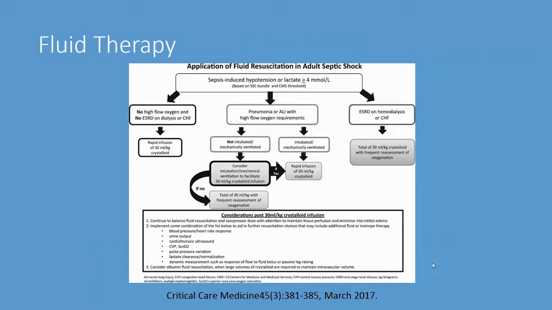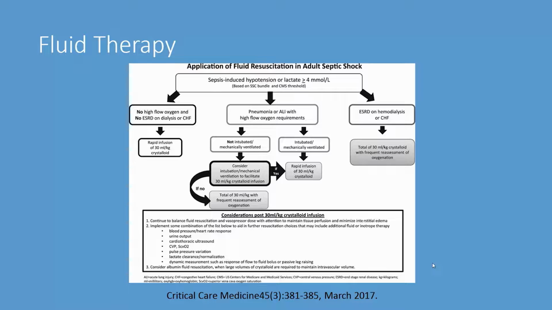So, and it's also based largely on these studies, this idea of the 30 per kilo bolus. So this kind of puts together a couple of different components of this. But basically, it's that fluid resuscitation. If their lactate's up and or they're hypotensive, then they still need 30 per kilo.